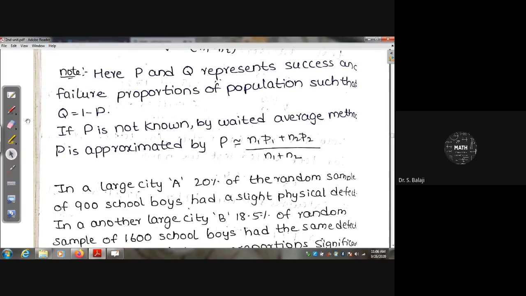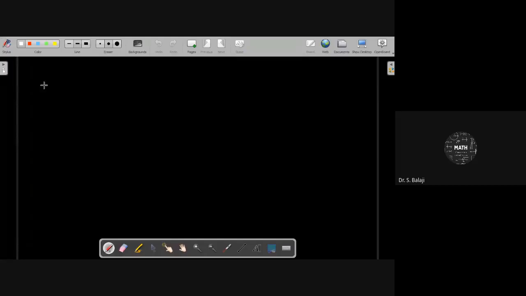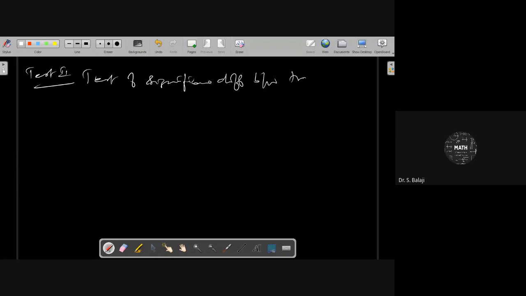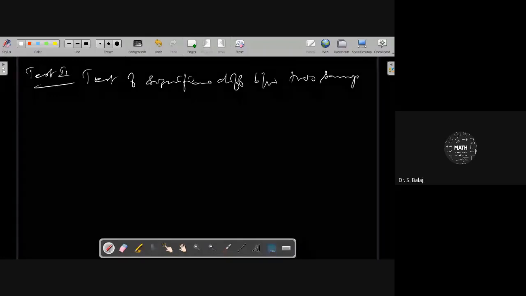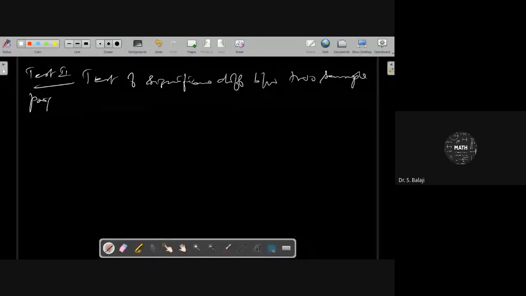Therefore, test 2 is the test of significance of difference between two sample proportions P1 and P2 of sizes n1 and n2 respectively.